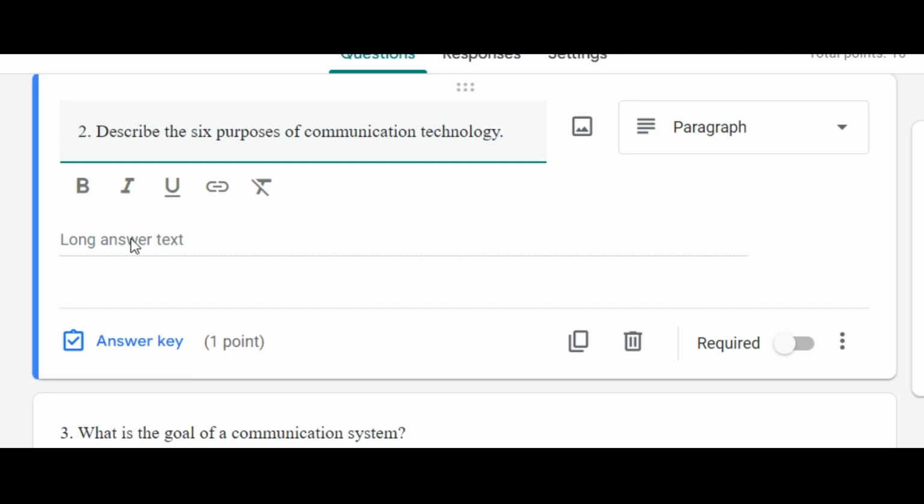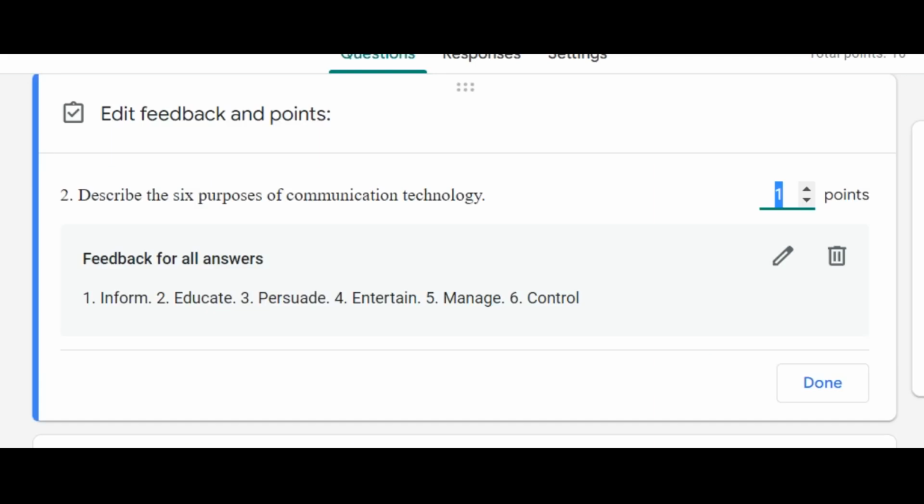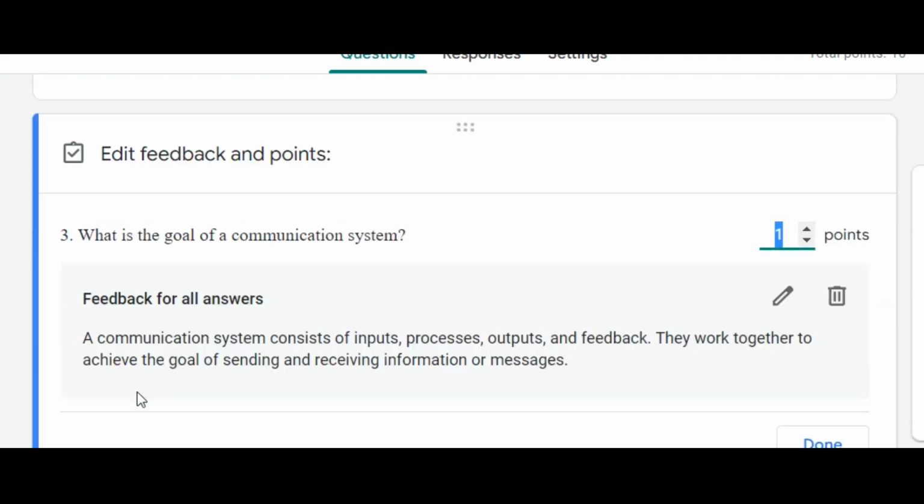Number 2, describe the 6 purposes of communication technology. Inform, educate, persuade, entertain, manage, control.